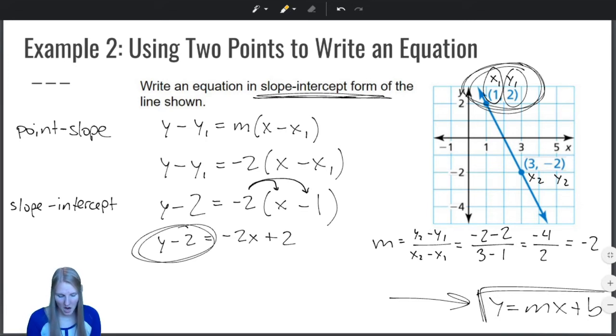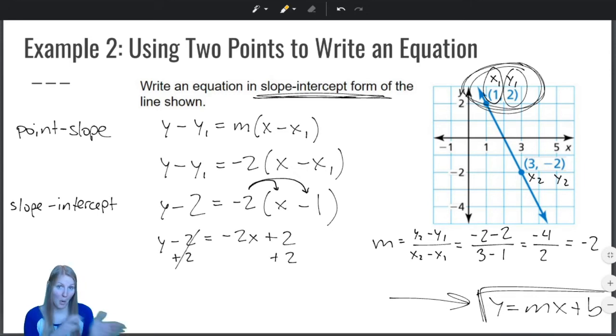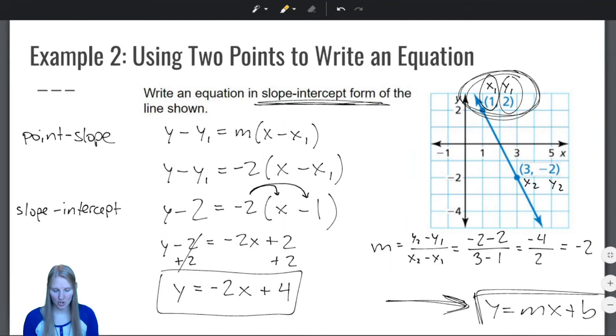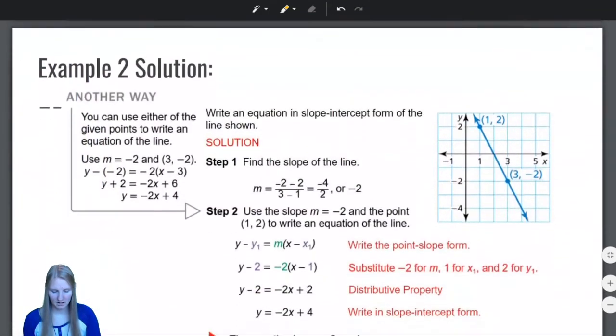So y minus 2, to get rid of the -2, I'm going to plus 2 to both sides. That gives me y equals -2x plus 4. And hey, that looks exactly like y equals mx plus b. So we are done.